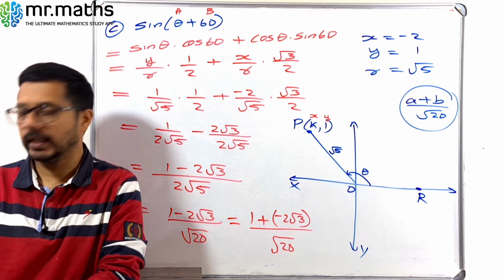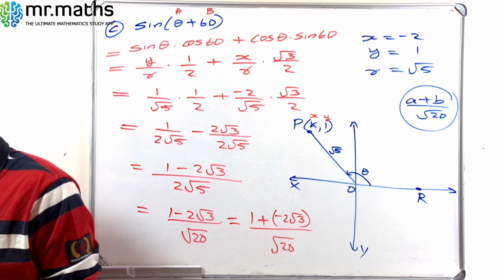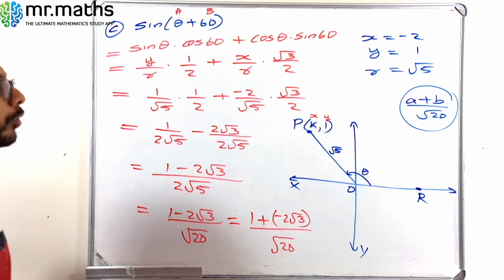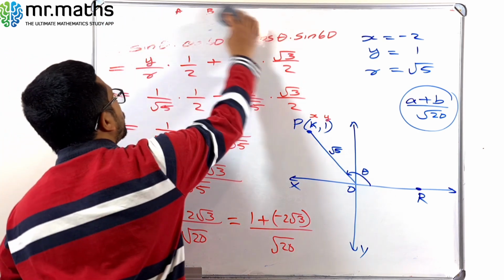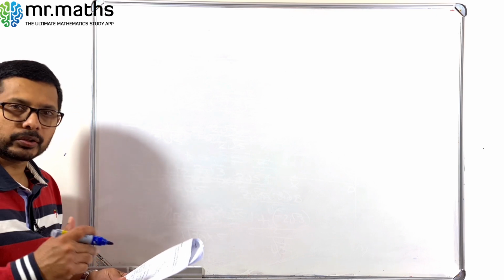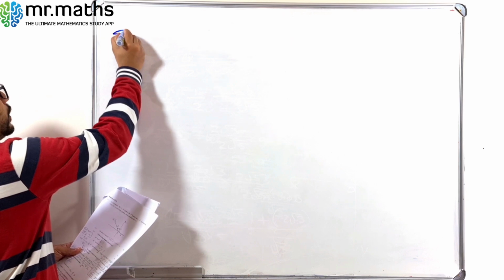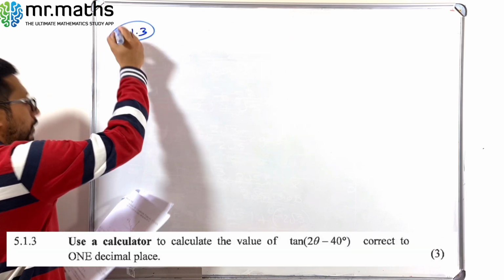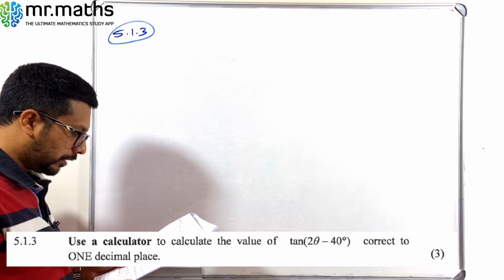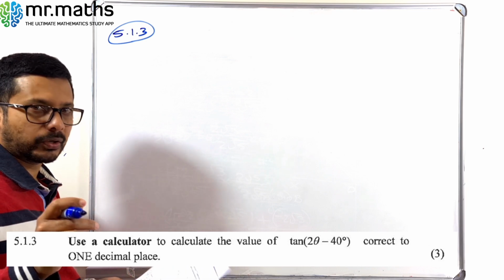Now let's move to the next question, 5.1.3. This is just a part of the previous questions. What is that question? Use a calculator. Without using a calculator, it's not like that.